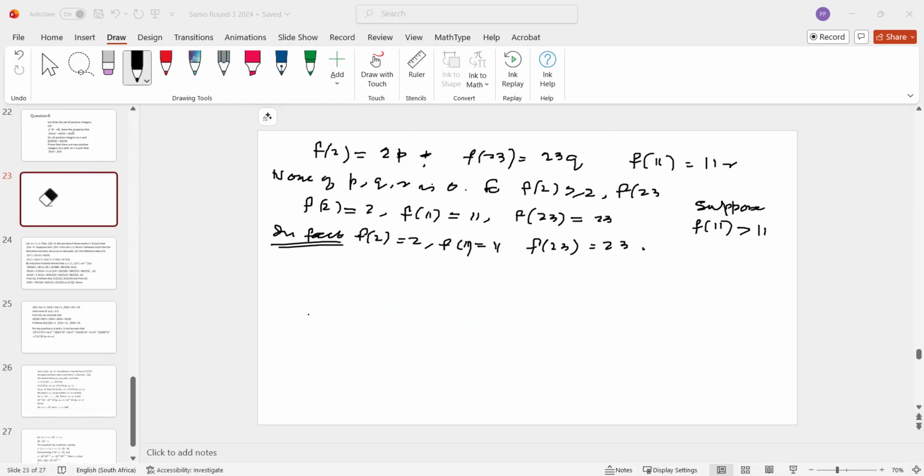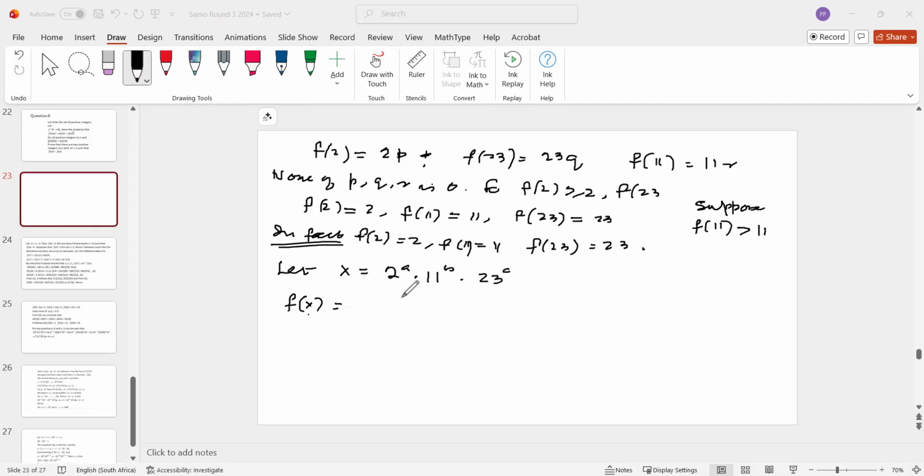I'm going to just focus on that. What I mean is, so let x be equal to 2 to the power of a times 11 to the power of b times 23 to the power of c. So I take a number whose factors are only these, because I know f of 2, I know f of 11, f of 23, so I can now calculate f of x.